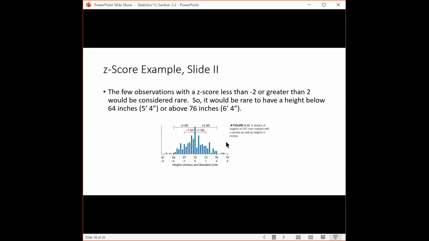And if you are above 76 inches, which corresponds to 6'4", so we do have a couple that are rare in this data set. We do have a couple here that are above 76. So we do have a couple rare entries at both ends.